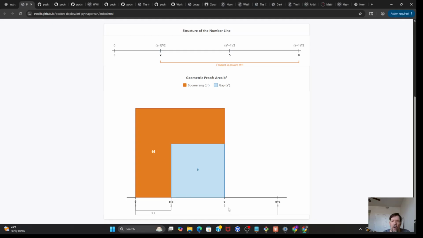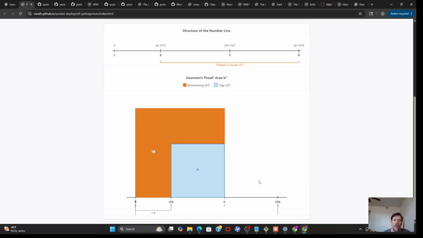Okay, so why am I choosing C and A for the letters? The reason for that is this gives a nice representation of the Pythagorean theorem. Because here, if we let the boomerang be B squared, we've got A squared plus B squared equals C squared.